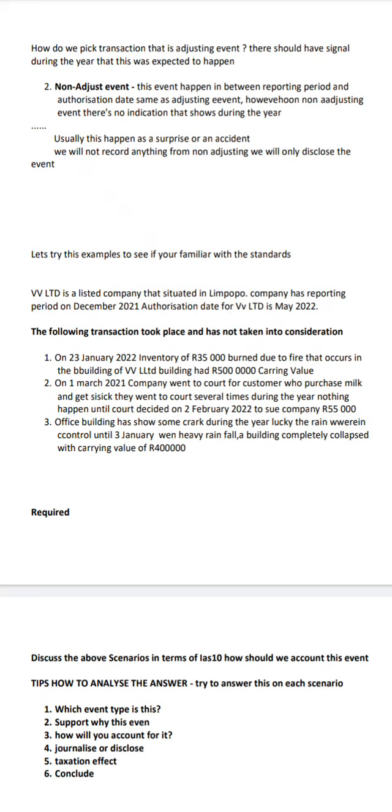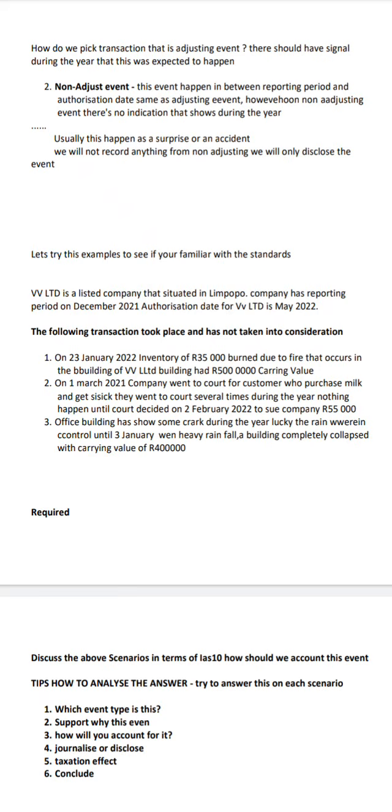That's your first line. Number 2, which event is this? That will be a non-adjusting event. Why? There was no indication that the fire would happen. There was no indication during the year. Alright. So how will you account for this transaction? Of course, we have to de-recognize the inventory because it has been damaged, and we also have to de-recognize the building.